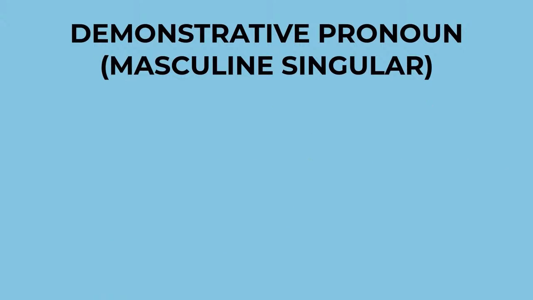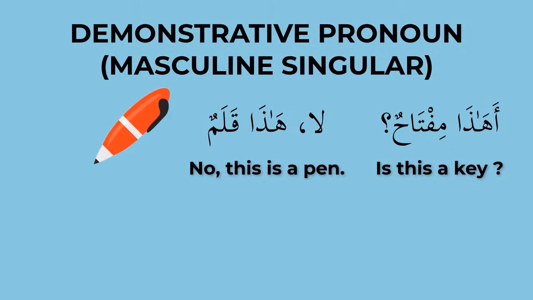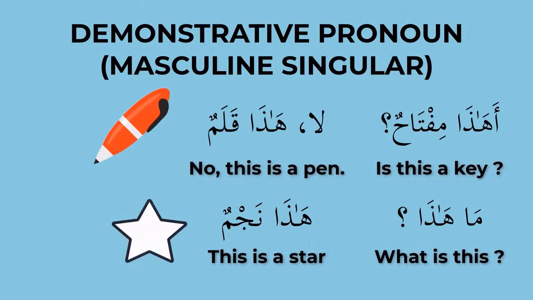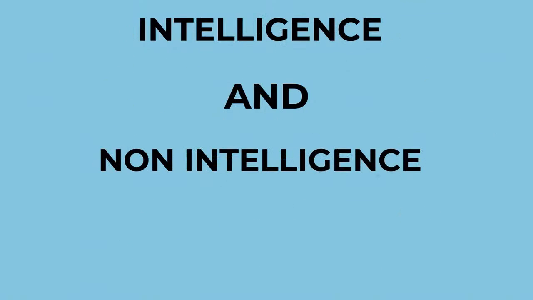Hadha miftahun. La. Hadha qalamun. Ma hadha? Hadha najmun. The pictures are there, so it's easy, but I hope you will put in a little time and memorize the vocabulary. Inshallah, it will help in this new Arabic course.